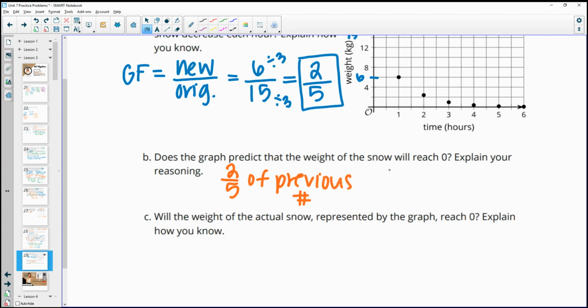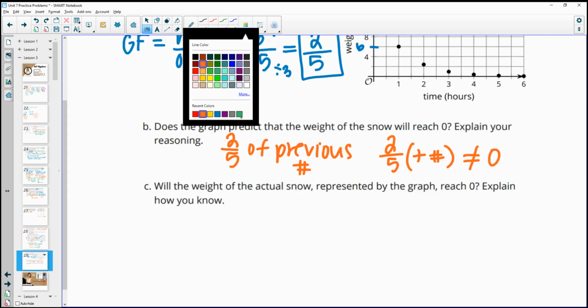And when we do 2/5 of a positive number, because these are positive numbers, that's never going to equal 0, because the only way to get 0 when you multiply is for one of the numbers being multiplied to be 0. So it never actually reaches 0. It obviously gets very, very close to 0, but it doesn't technically reach 0. So your graph does not predict that.